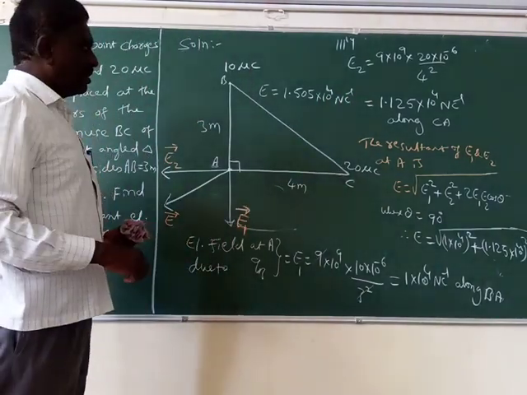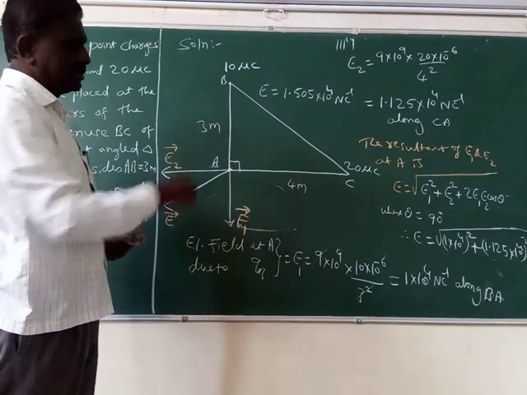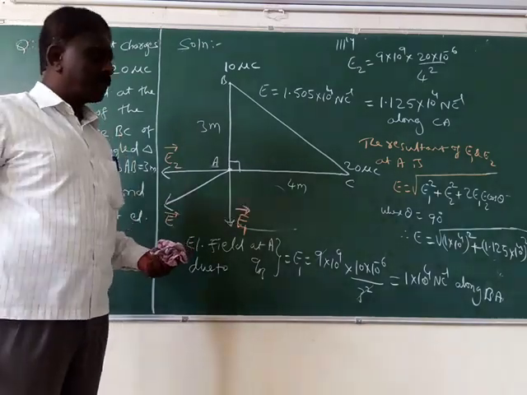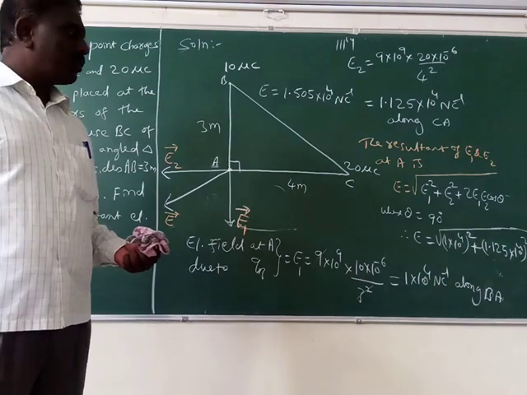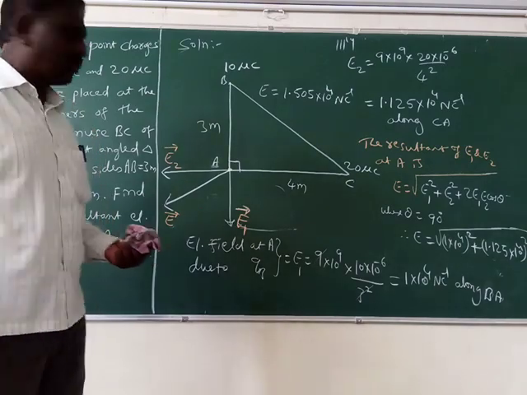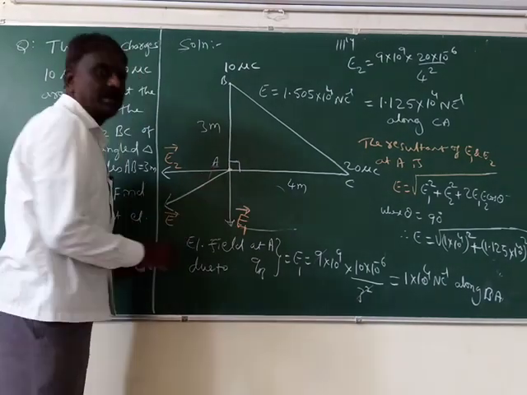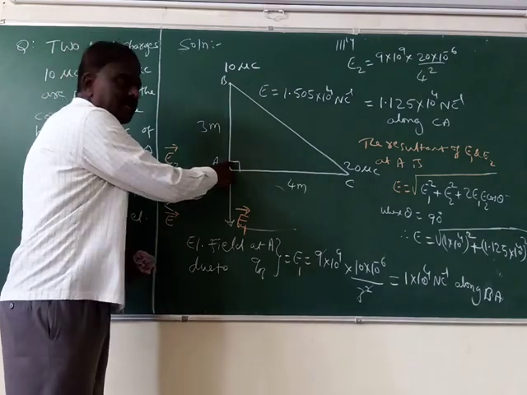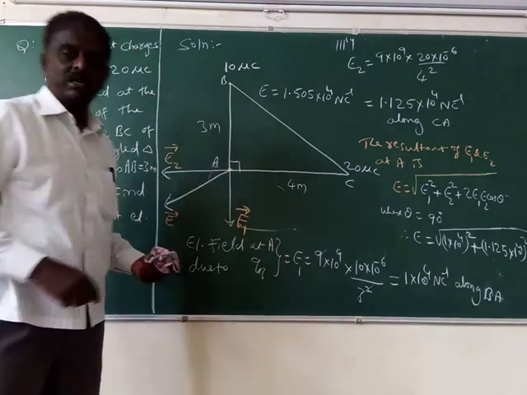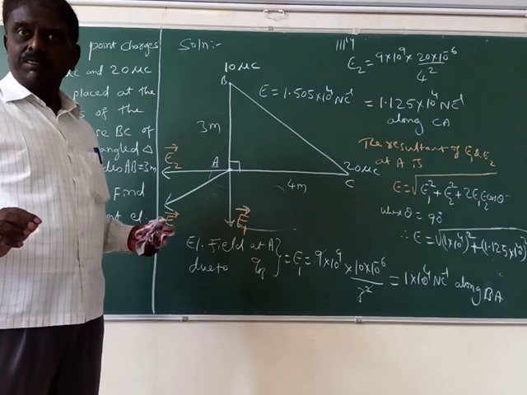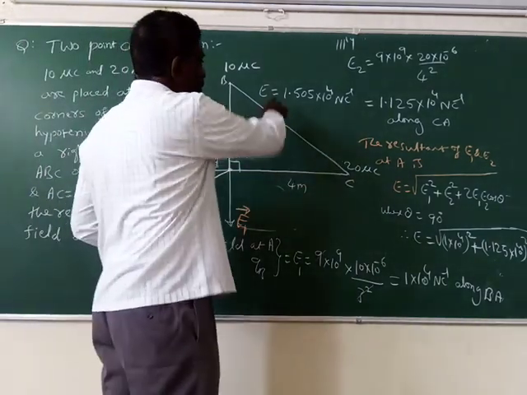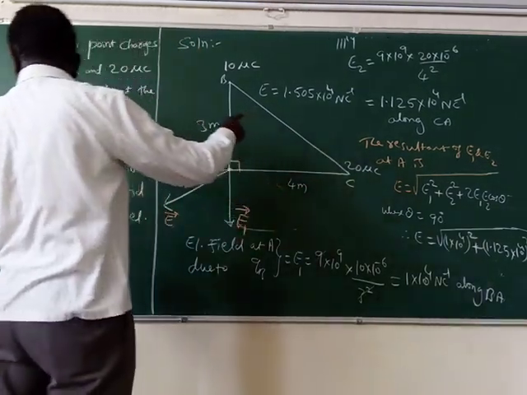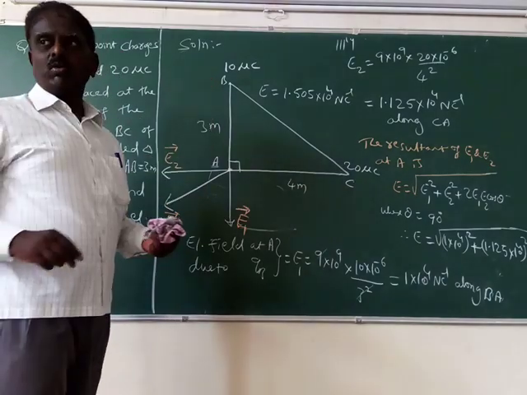The resultant of E1 and E2 at A is this much. 1 into 10 to the power 4 whole square plus 1.125 into 10 to the power 4 whole square plus 0, approximately 0. The angle between them is 90 degree. Okay. Since this angle is 90 degree, this angle is also 90 degree, vertical opposite. Therefore, cos 90 is 0. The simplification of which gives you 1.505 into 10 to the power 4 Newton per coulomb.